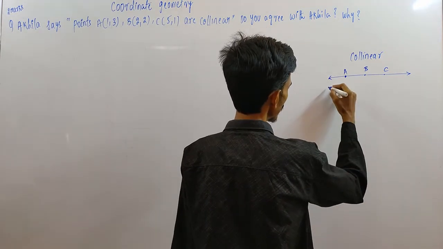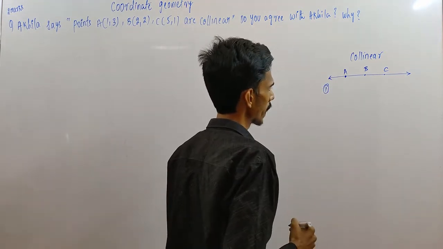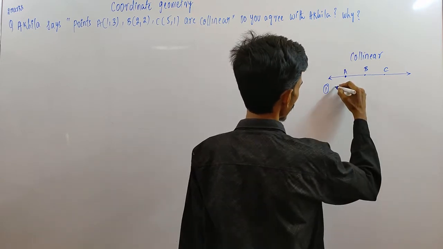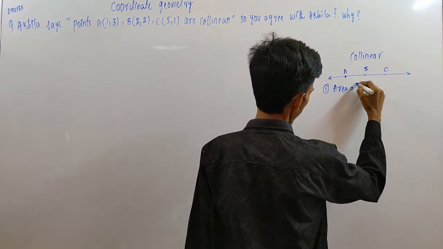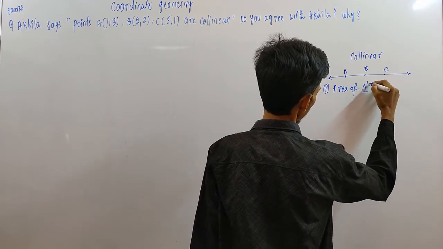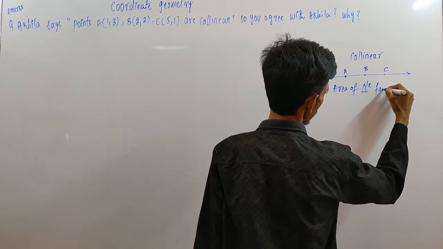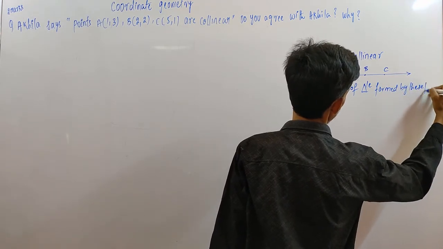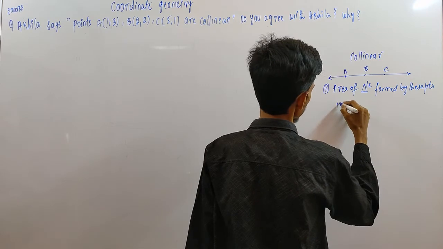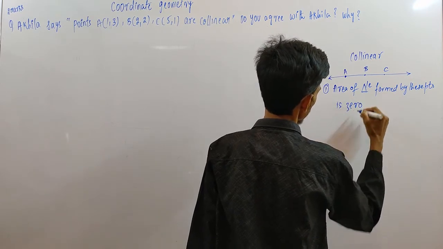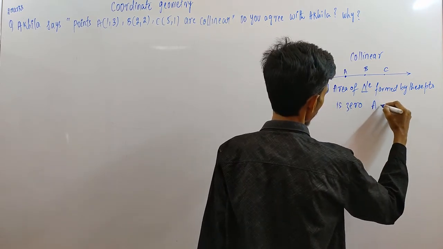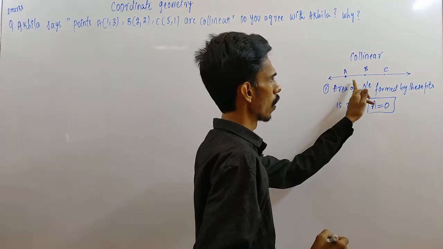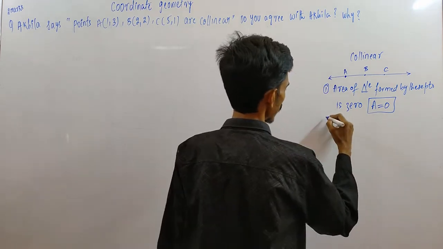We have two conclusions from this collinear. The area of the triangle formed by these points is 0, because all points will lie on the same line.